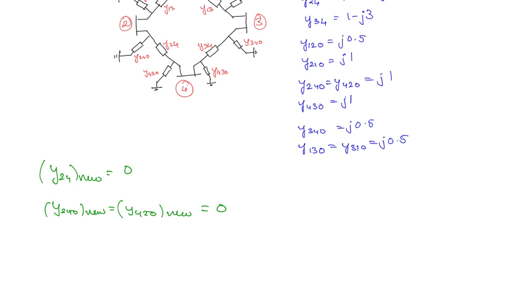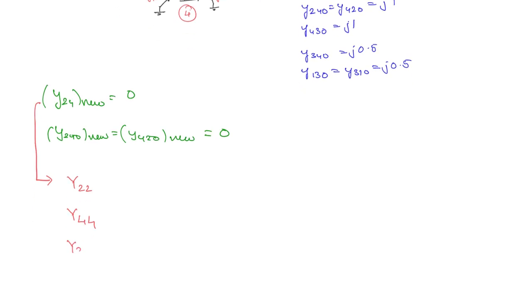When there is no transmission line, there is no admittance between that line and the ground. Okay, so now what are the admittance matrix elements that are going to be affected? From Y24, the elements that are affected are Y22, Y44, Y24 and Y42.